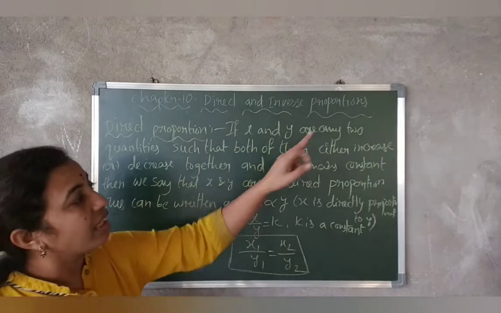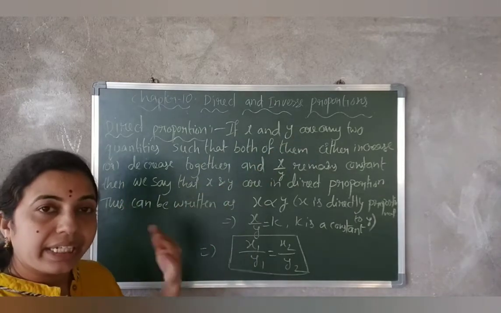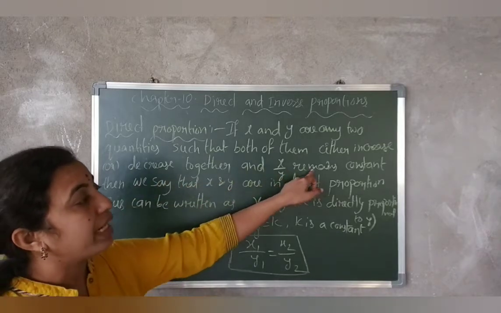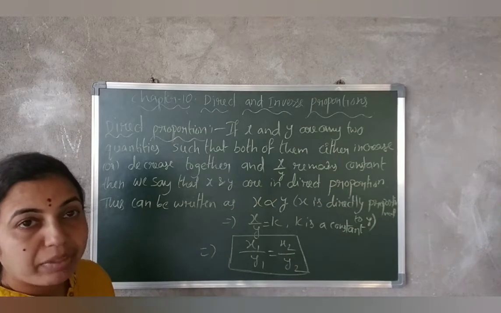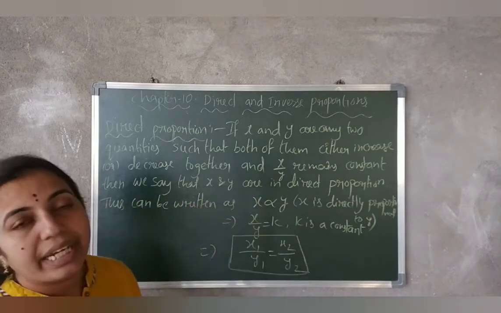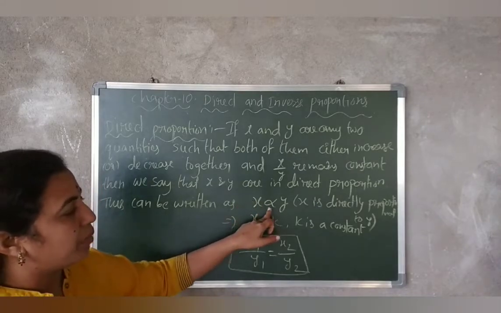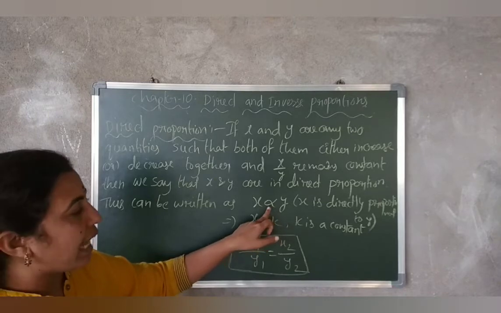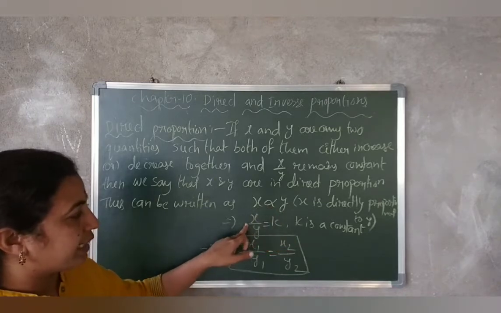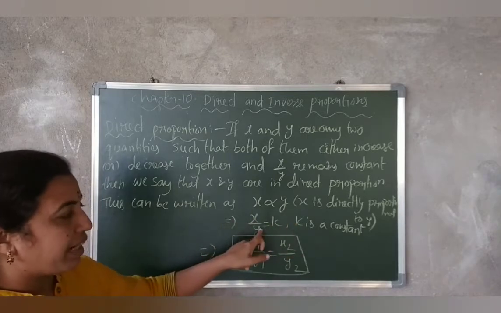If x and y are any two quantities such that both of them either increase or decrease together and x by y remains constant, then we say that x and y are in direct proportion. This can be written as x directly proportional to y. This is the proportional symbol. If you bring this y to this side, x by y is equal to k. K is a constant.